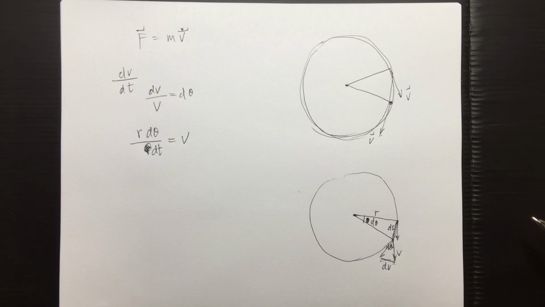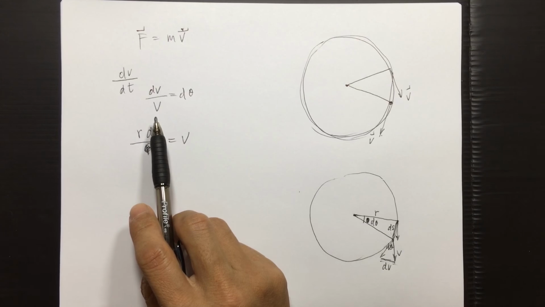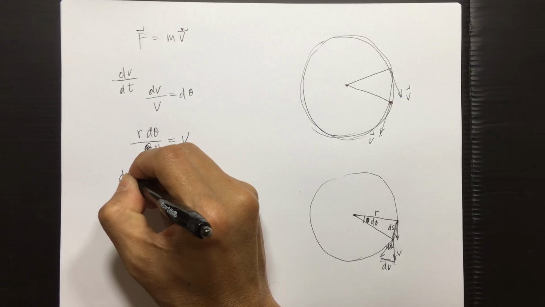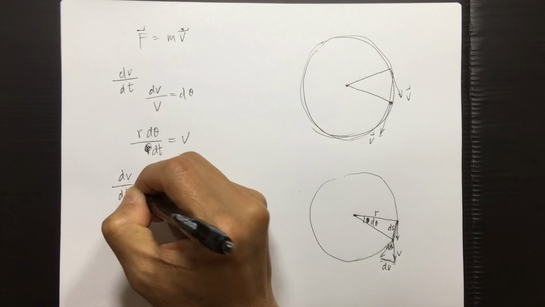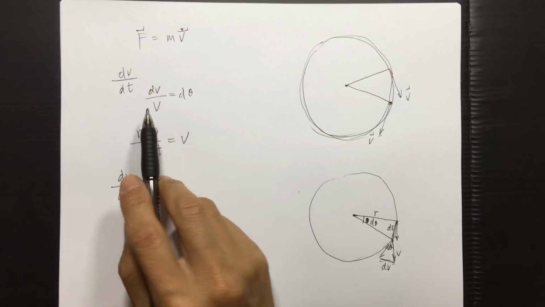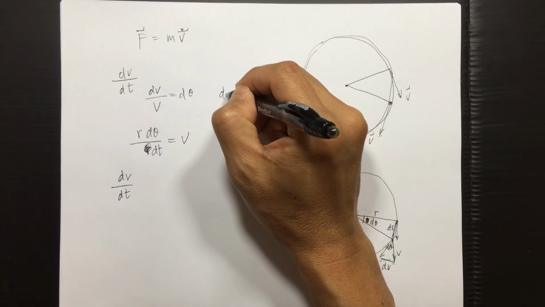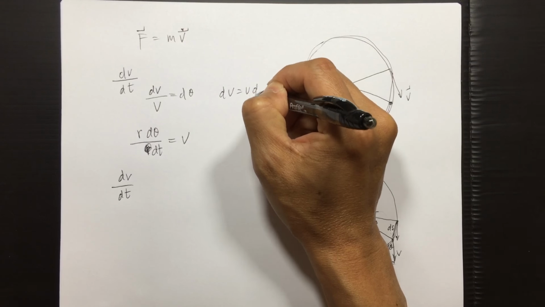Now let's look at this. We want to know dv/dt. There's no dv here, so we'll put the dv in: dv equals v d theta.